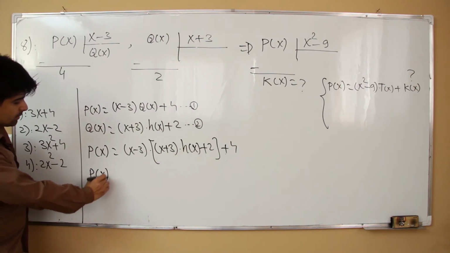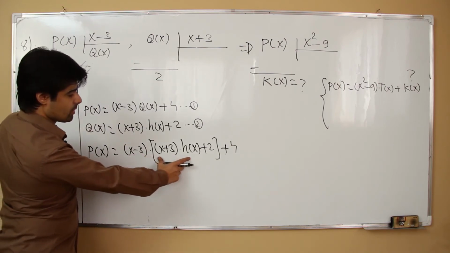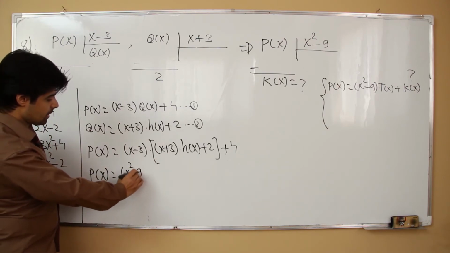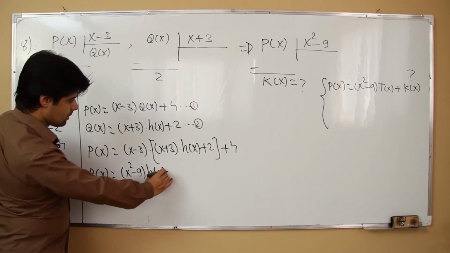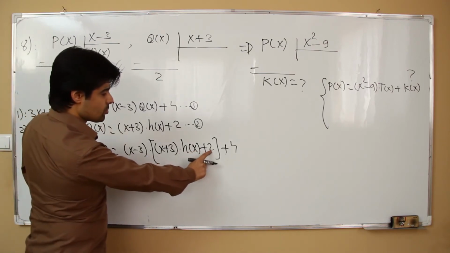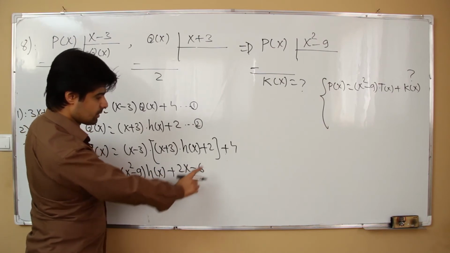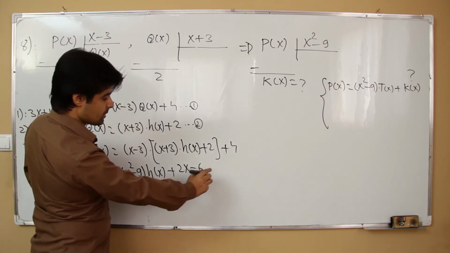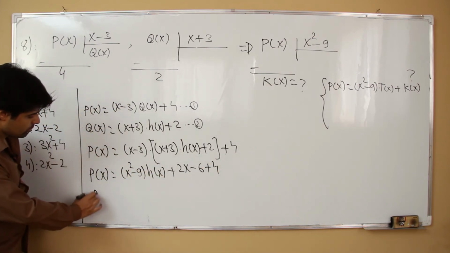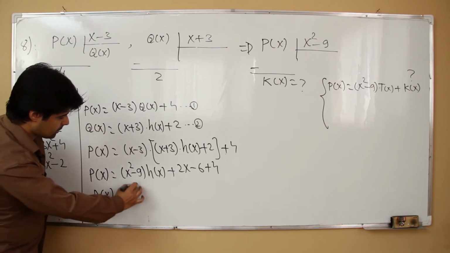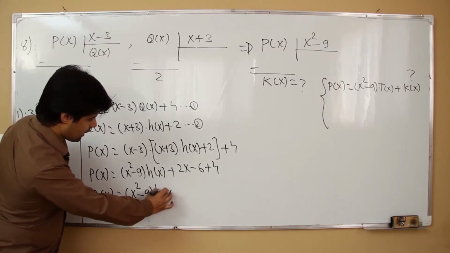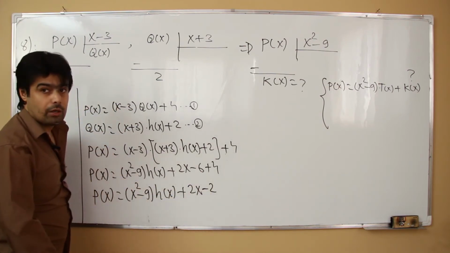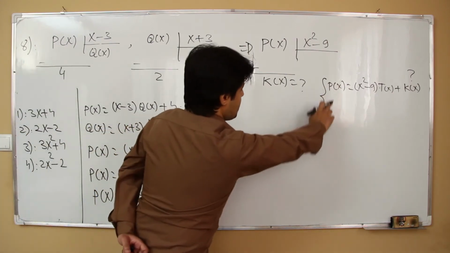Now Px is x minus 3 times this one: x minus 3 times x plus 3 is x square minus 9 times hx, plus x minus 3 times 2 is 2x minus 6, plus 2 times this one is plus 2x, plus 2 times minus 3 is minus 6, plus 4. So you will have Px is x square minus 9 times hx plus 2x minus 6, with this one it is minus 2.